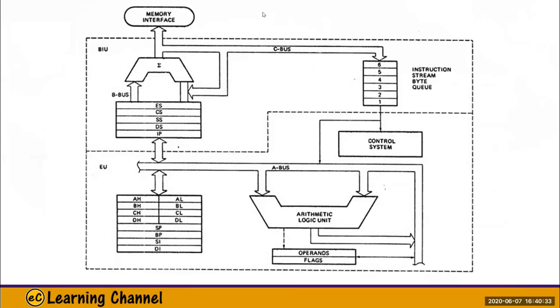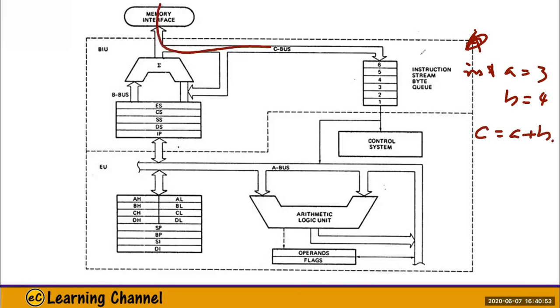Let's do integer a equals 3, b equals 4, and then c equals a plus b. You load your data through here and into your register. So you load your variable a into register 1, and then load b, so 3 and 4 are loaded.